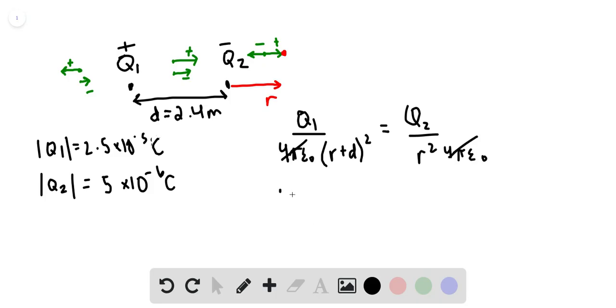So I brought the ratio of Q1 over Q2 to one side, because if you bring that over, then you get r plus d quantity squared over r quantity squared. So it looks like that. And then if you take the square root, then that goes away. Cross multiply, blah, blah, blah.